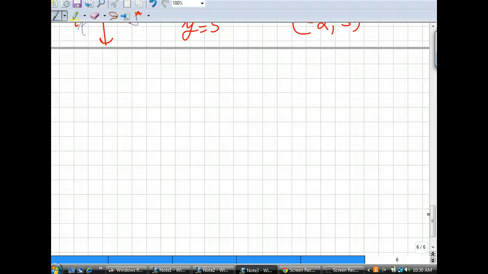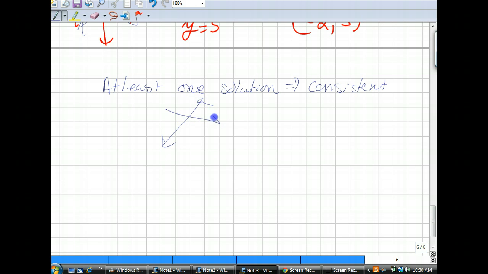Well, first of all, we say that if a system has at least one solution, we say that it is consistent. That's the situation where the graphs cross or the graphs are the same line. So both of those would be considered consistent.